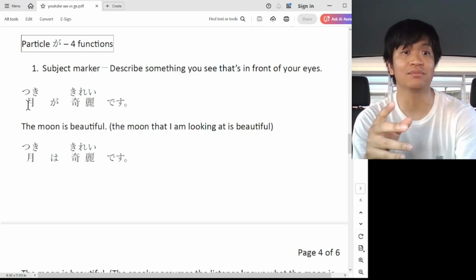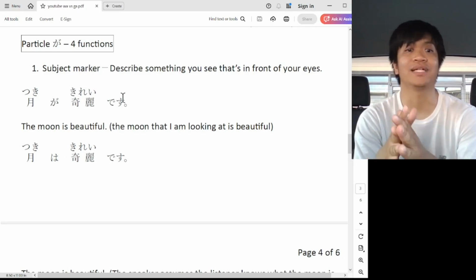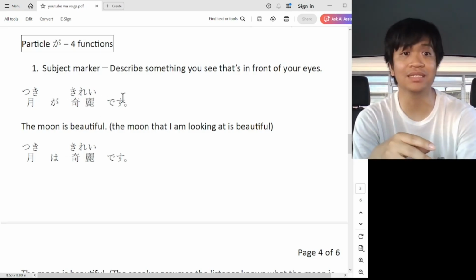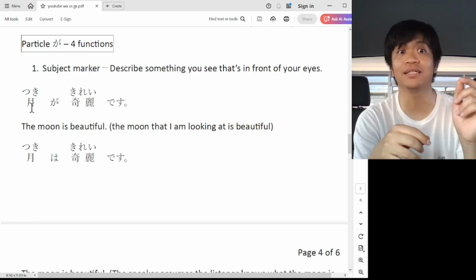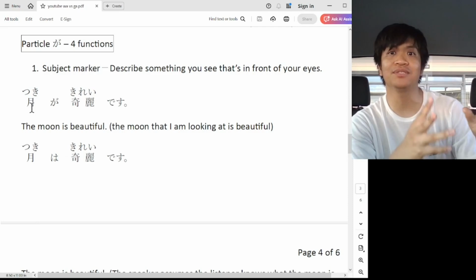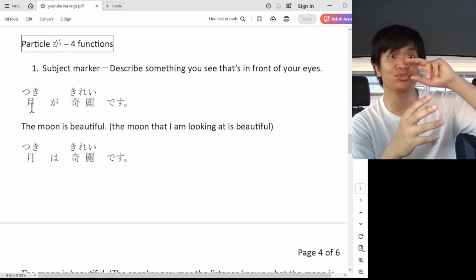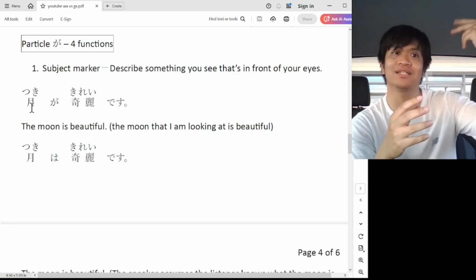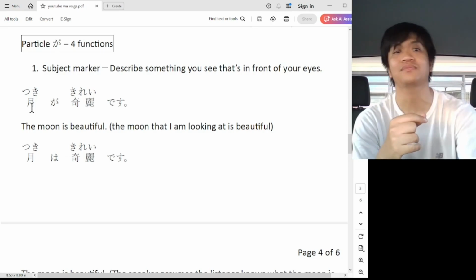So tsuki, that's moon. Ga, that is the subject marker. Kirei, beautiful, desu, and that's how you end the polite sentence. So when you say this sentence, because you're using ga, at the time you're saying it, the moon is actually in front of your eyes. It's not something that you're just imagining in your head.